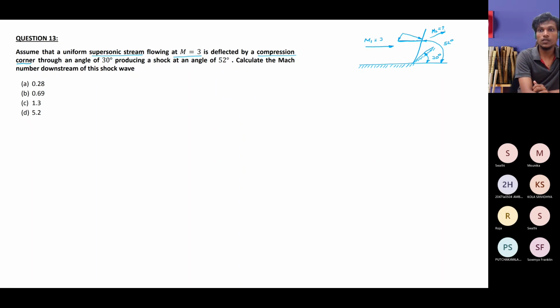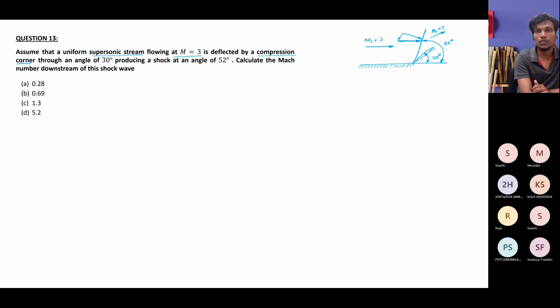You can resolve these things in the direction perpendicular to this oblique shock wave. When it is perpendicular to the oblique shock wave, that component of velocity is facing a normal shock wave.